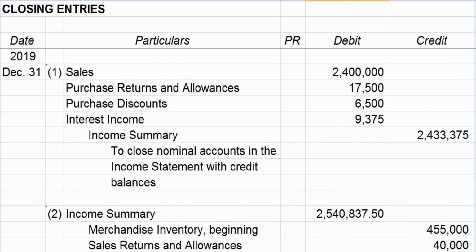To recap, there are 4 closing entries. First, the revenue and contra expense or contra purchases accounts in the income statement, all of which have credit balances, are debited according to their respective account balances. And then, the income summary is credited for the total amount.